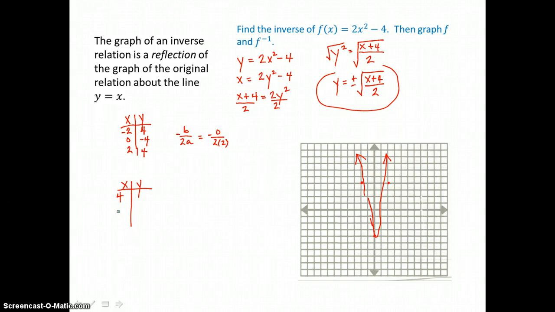So I'll put in for x 4, negative 4, 4, and the x values in the original function become the y values in the inverse, so negative 2, 0, 2. So I'll be graphing 4, negative 2. I'll be graphing negative 4, 0, and 4, 2. And then drawing the u-shape that passes through those points.